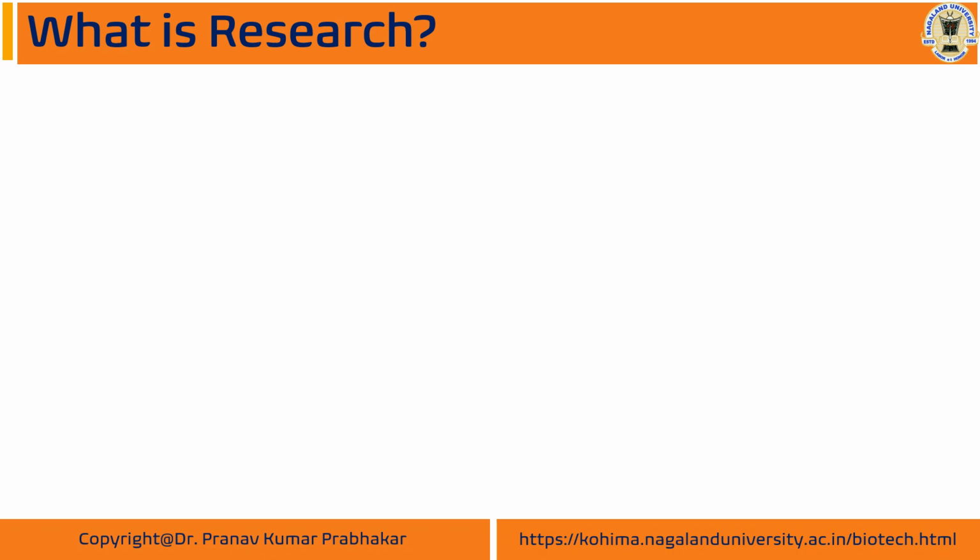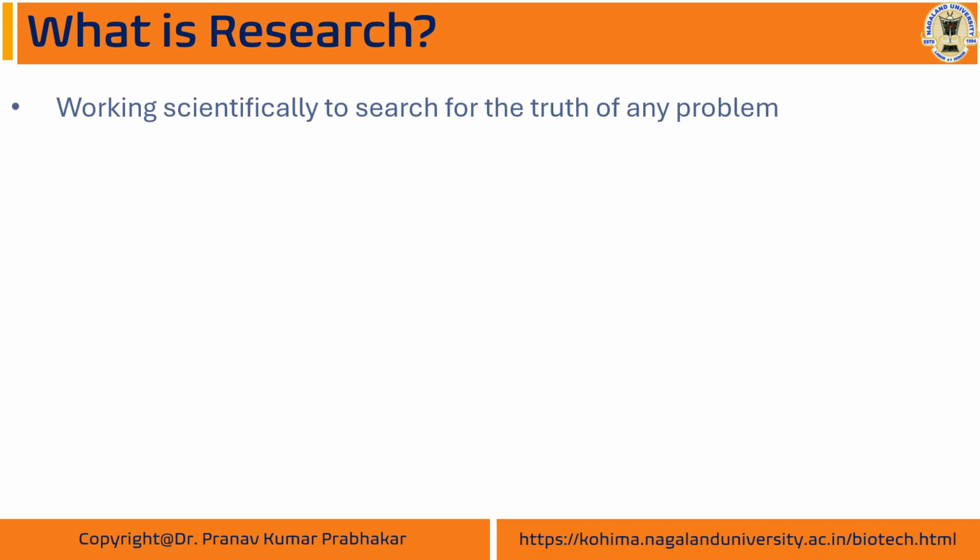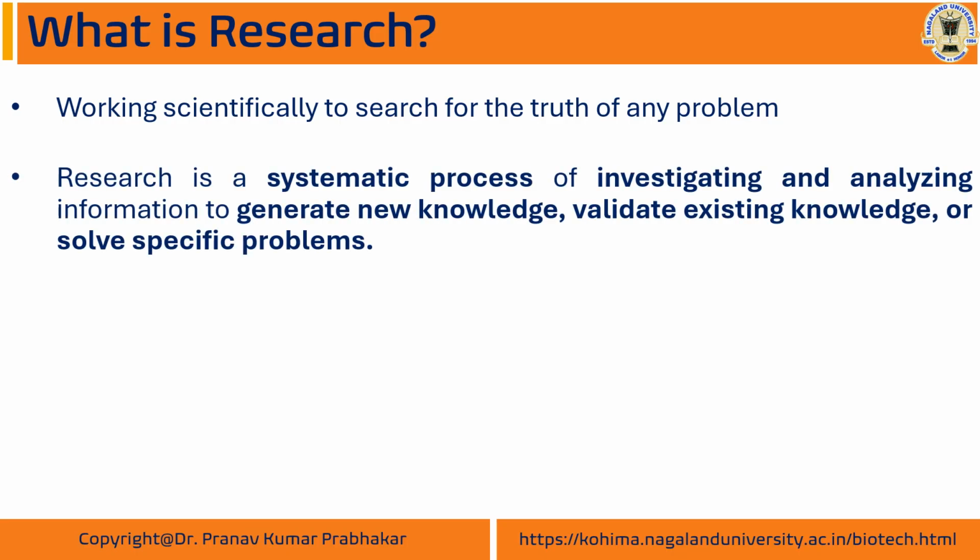First, what is research? Research generally means trying to find a solution for any problem in a scientific manner, meaning through a system. You have a process where you investigate and analyze.